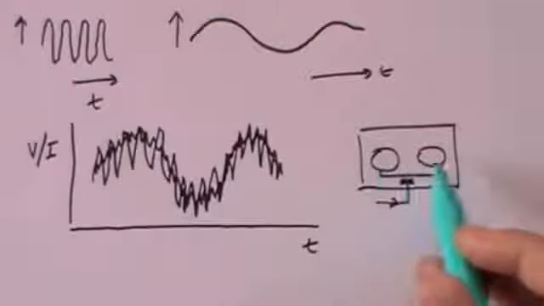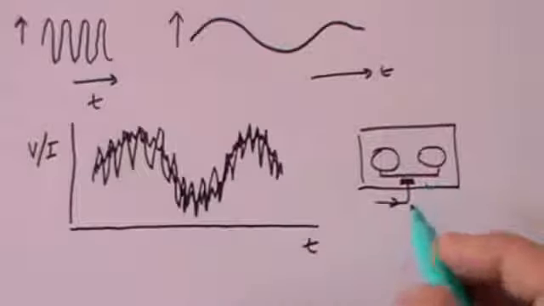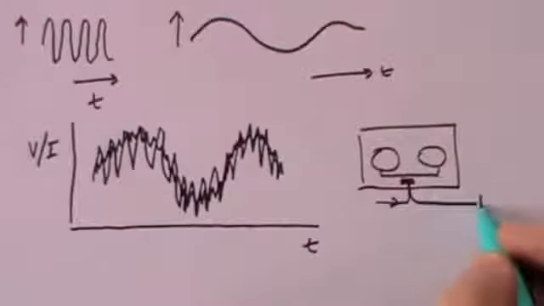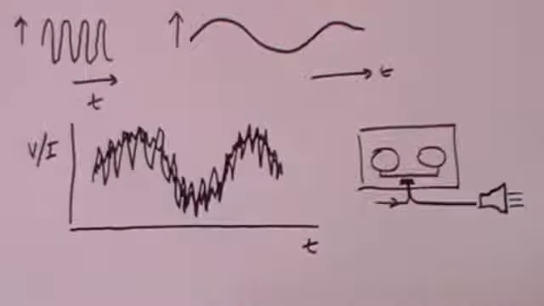And then when you play it back, the tape will cause the heads to recreate the current that caused it, and you can take that current off to a loudspeaker and play back the sound that you started with in the first place.